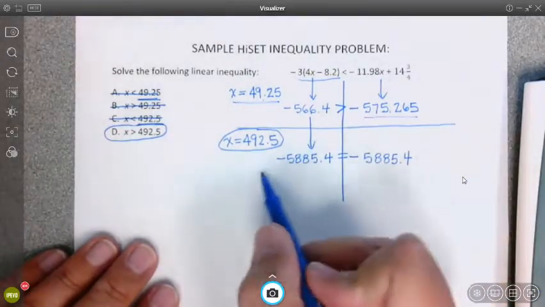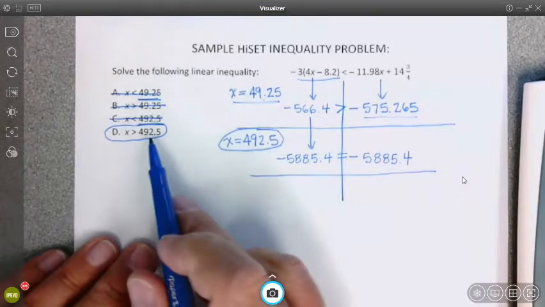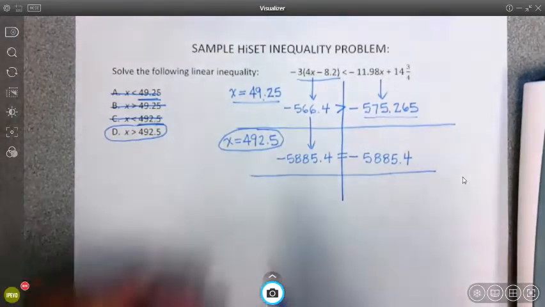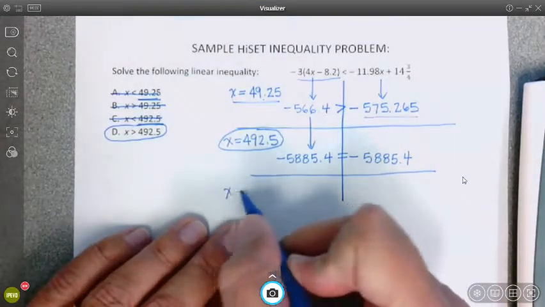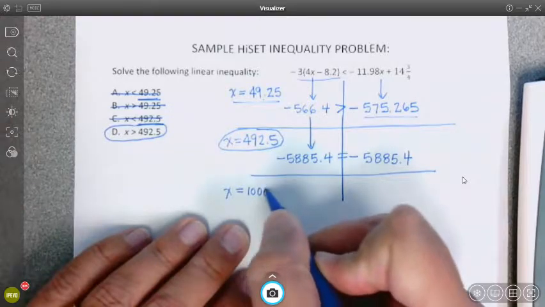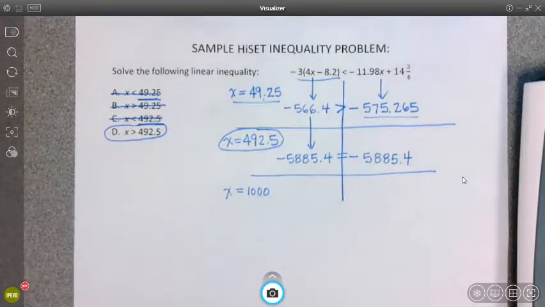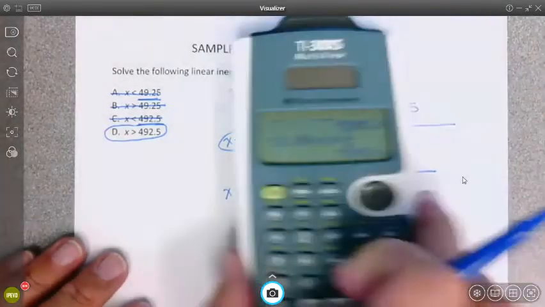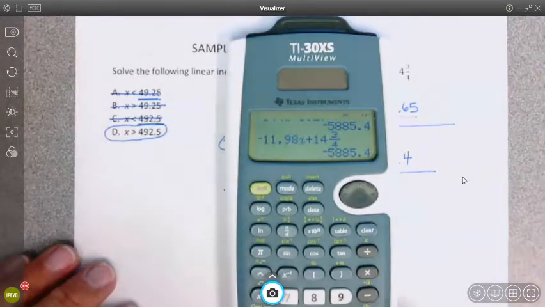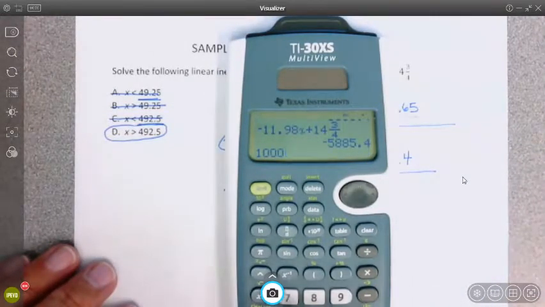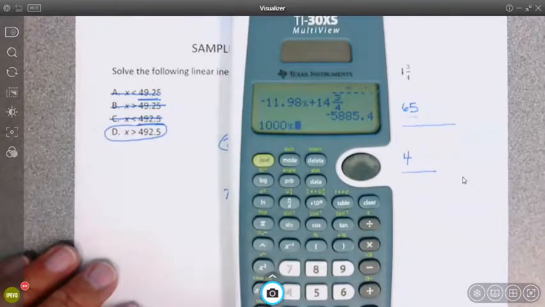Now again, to finish this off, let's make sure that this answer is correct by picking a value for x that's different. Let's pick x equal 1,000. That's a big number. It's certainly bigger than 492 and 5/10. So I'm going to plug that in and store it. Store that in x. And, oh, I forgot to hit the store button.